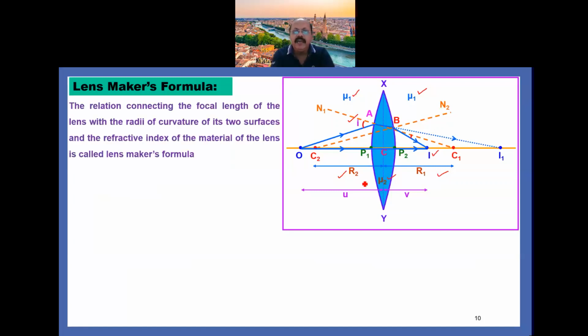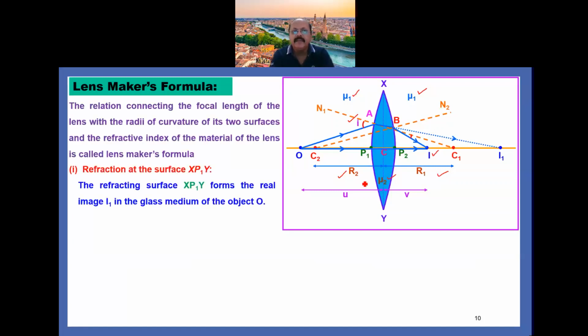So now here you see what happens. The refraction we have to consider at surface XP1Y.